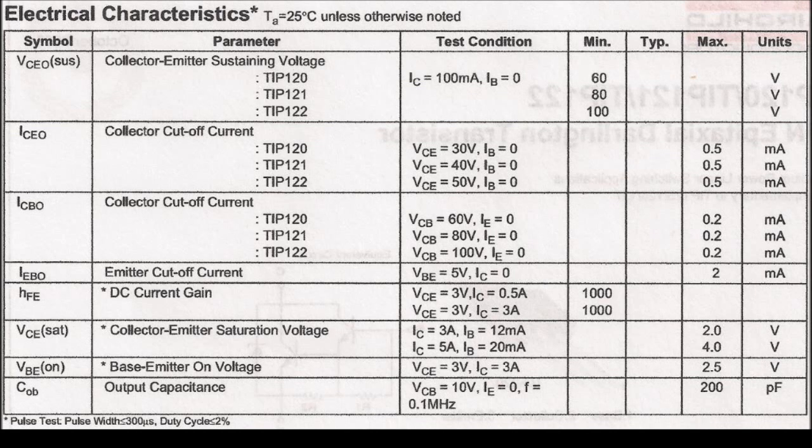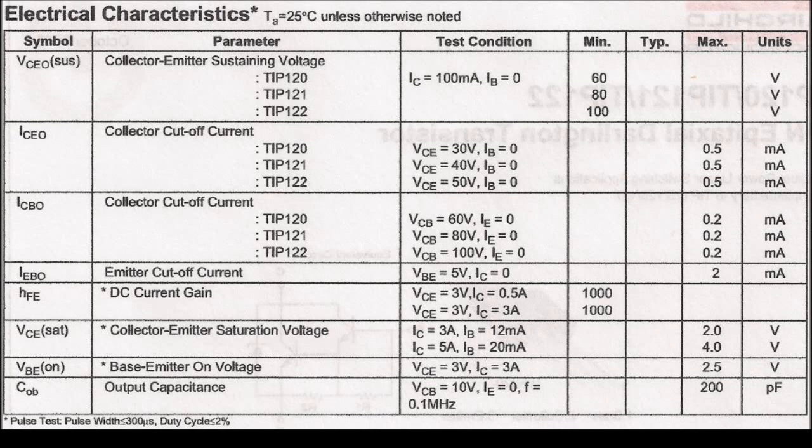Now, with the other one, it's collector to base, with the emitter open. With the emitter open and you're running 60 volts between the collector and the base, when the circuit opens on the emitter, then it's going to drop when it gets down to 0.2 milliamps. But, these are test conditions. You'll see a lot of them on here.